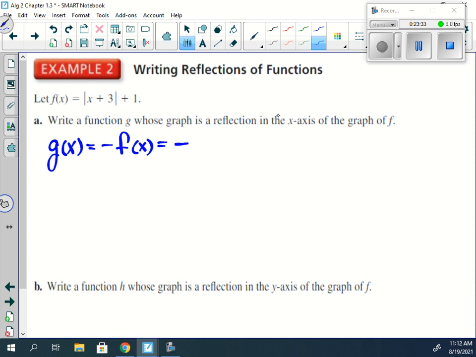Well, now we just need to replace f of x. What f of x is, this whole thing here. So the absolute value of x plus 3, plus 1. In this one here, we do need the parentheses around the whole thing, because we have a negative being applied to the entire function.